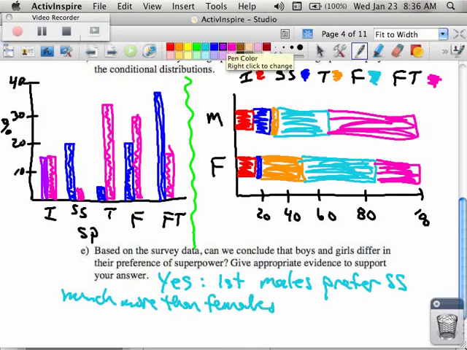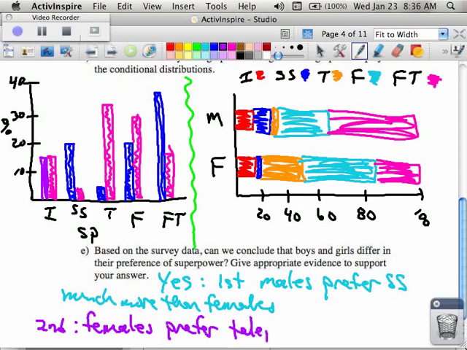And I would also say second, at least in my observation, females prefer telepathy much more than males. Nice.